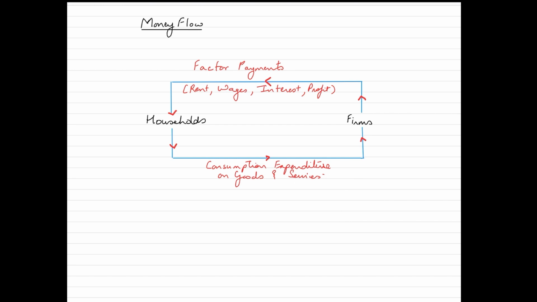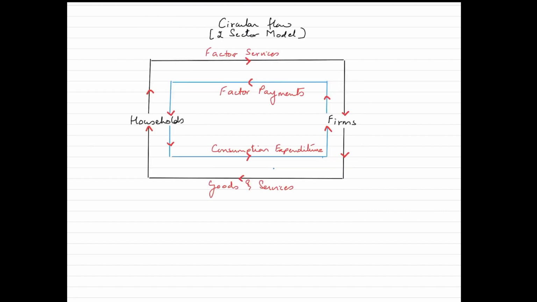When both these flows are combined together, we get a circular flow of income pertaining to two sectors of an economy. This is how a circular flow would be depicted with a two-sector economy. We have just combined both the flows, the real flow and the money flow.